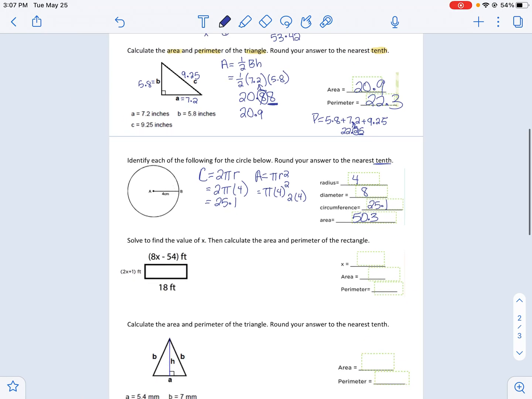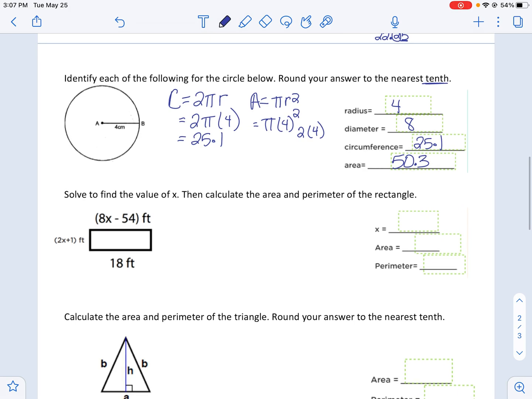Okay, awesome. Now we're going to the next one. It says solve to find the value of x, then calculate the area and perimeter of a rectangle. So again, I'm going to set the two side lengths equal to each other that I have information for. So I have 8x minus 54, which is equal to 18. So I draw a line through my equal sign.